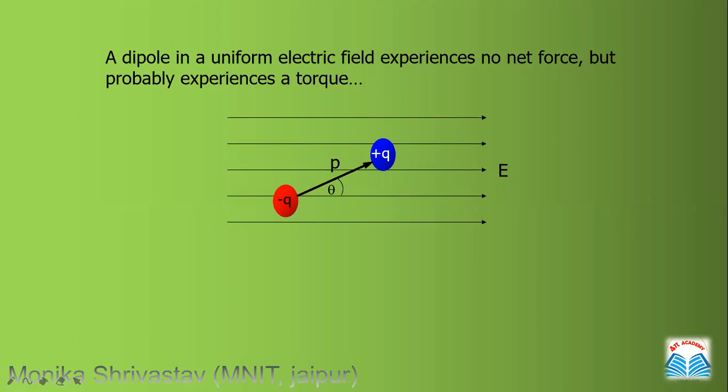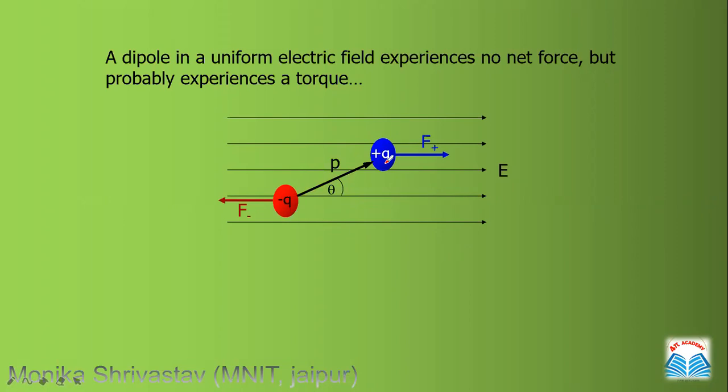What is a torque? Torque is a type of force which is applied for rotating bodies. Like we have a system of an electric dipole here, which is oriented, or we can say inclined, at angle theta with this electric field E, and this dipole has dipole moment P, the conventional direction being from minus to plus.